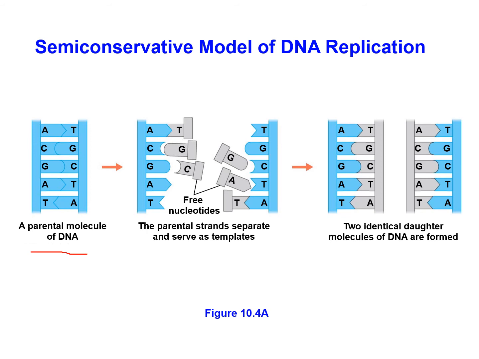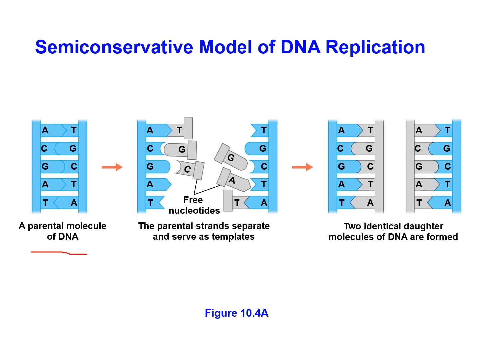The nitrogenous bases are being held together by hydrogen bonds that you can't see. But this is just a normal molecule of DNA. And it's already been untwisted, so we don't have to worry about that step here.